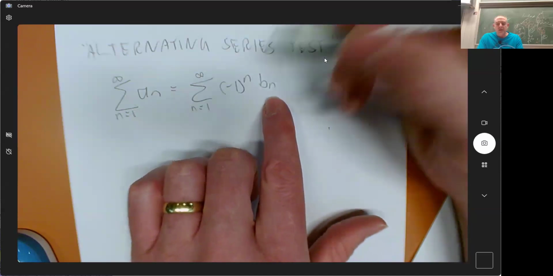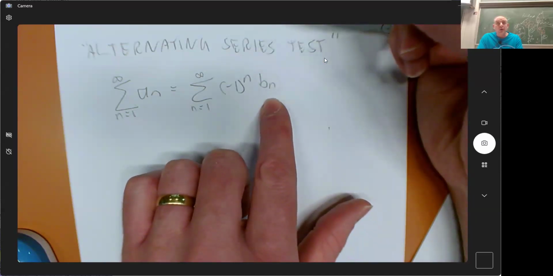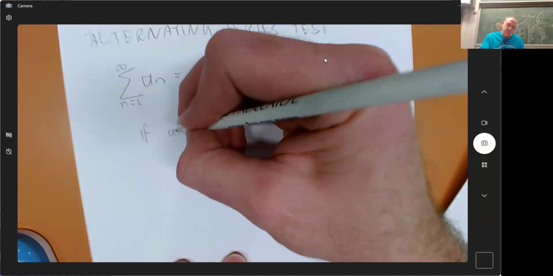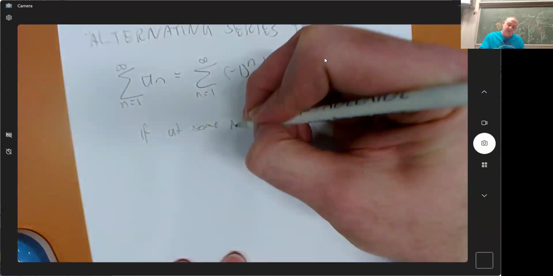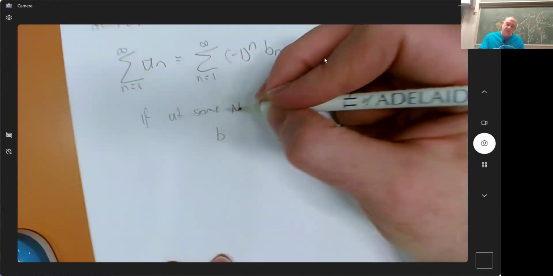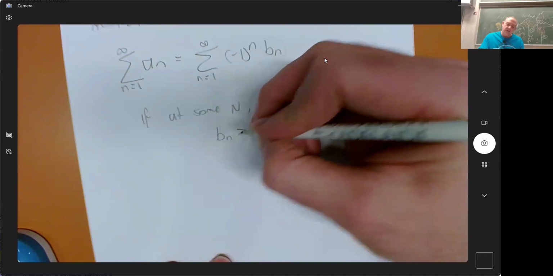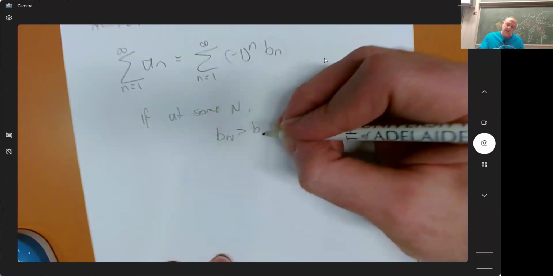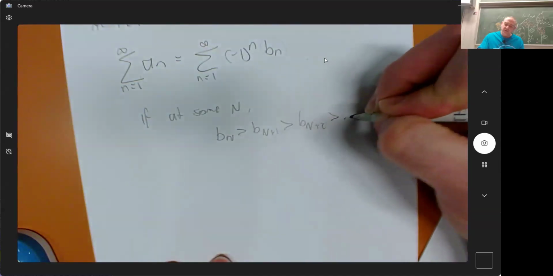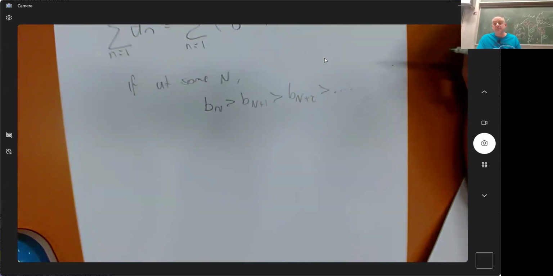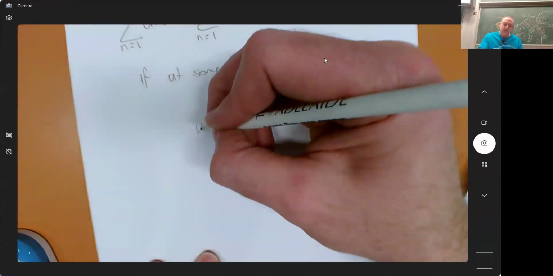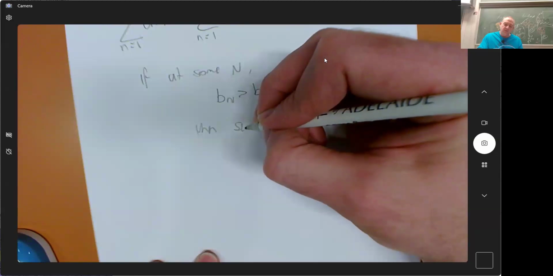And then if these get smaller, then it'll converge. So if at some n, this bn is greater than bn plus 1, which is greater than bn plus 2 forever, it's decreasing, then the series converges.